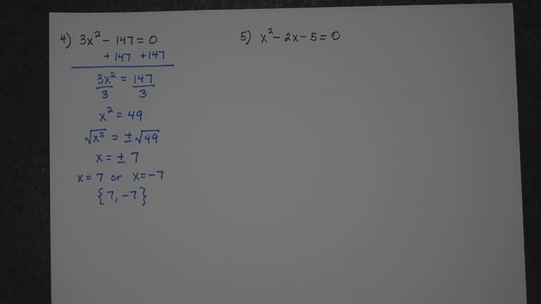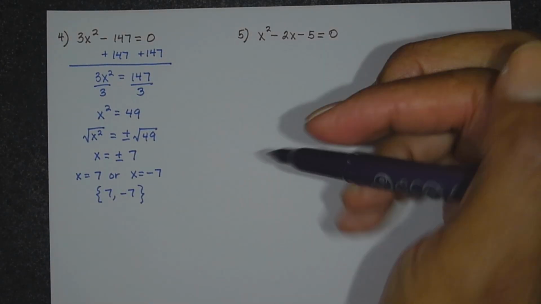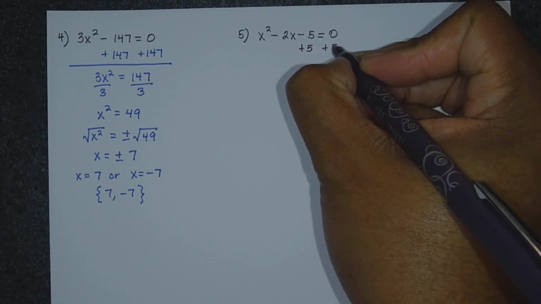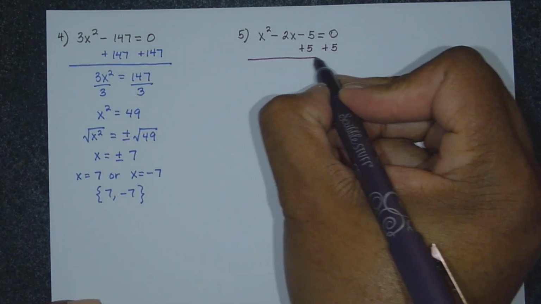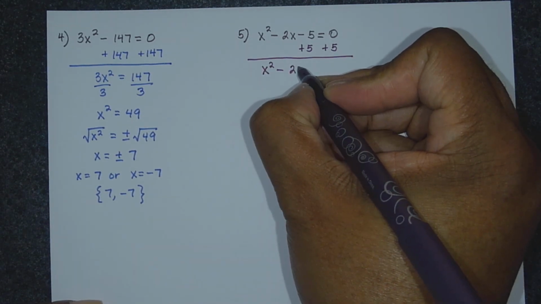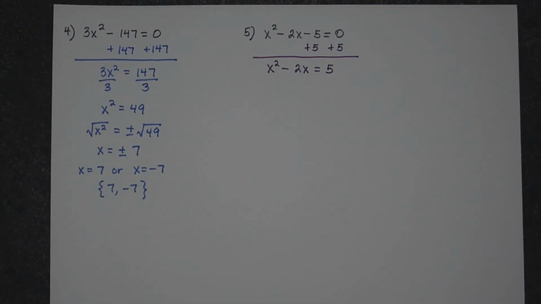All right, in this case, to complete the square, we need to move the numerical term over to the other side. So I'm going to move that minus 5 over to where the 0 is by adding 5 to both sides. So that means I have x squared minus 2x is equal to 5.